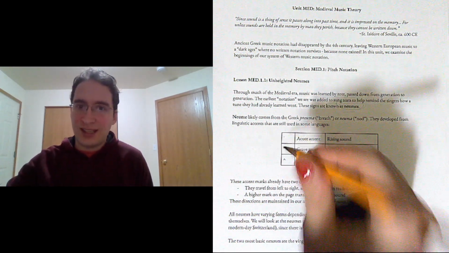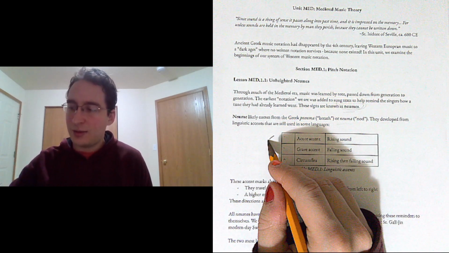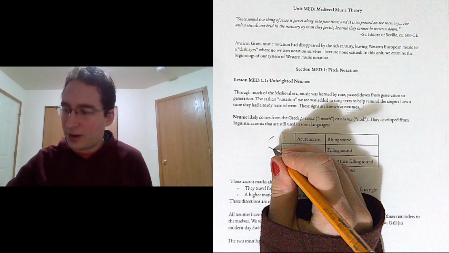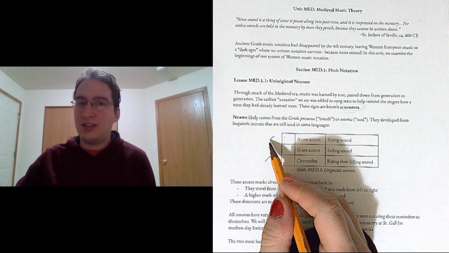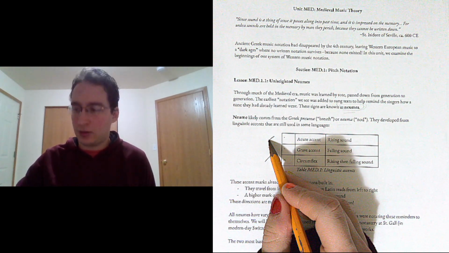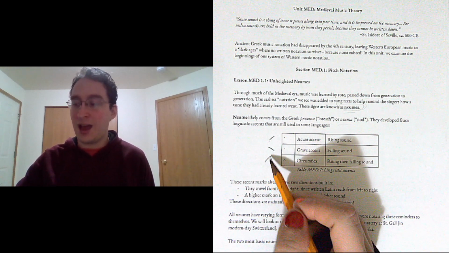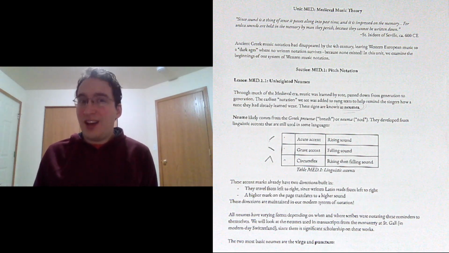So they're kind of tiny here, but you have the acute accent that starts down left and goes up right, which indicates a rising sound. You have the grave and you have the circumflex. And all of these indicate the sorts of pitch motion that you would expect. Starts low and goes high, starts high and goes low, starts low and goes high and back low. Which is obvious to us, but isn't necessarily obvious.